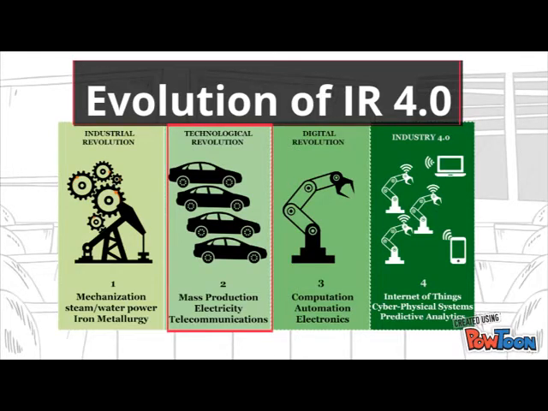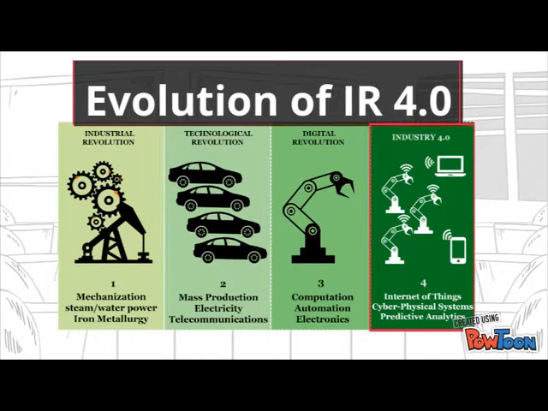This revolution improved steel and iron, and they also began to utilize electricity for mass production. In the late 1950s, the digital revolution came in, which is the third industrial revolution. This is the time when most of the mechanical systems were changed to digital electronic systems. The technological innovations in the third industrial revolution include computation, automation, and communication.